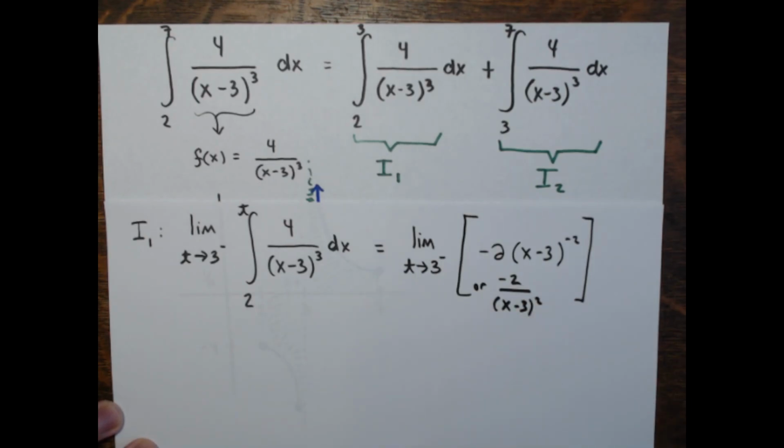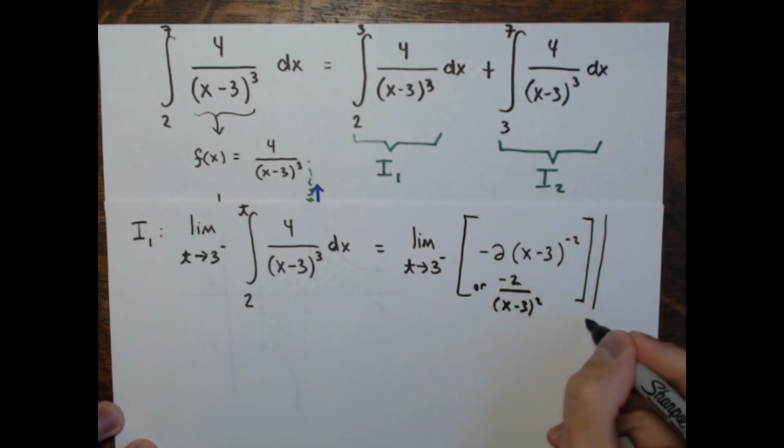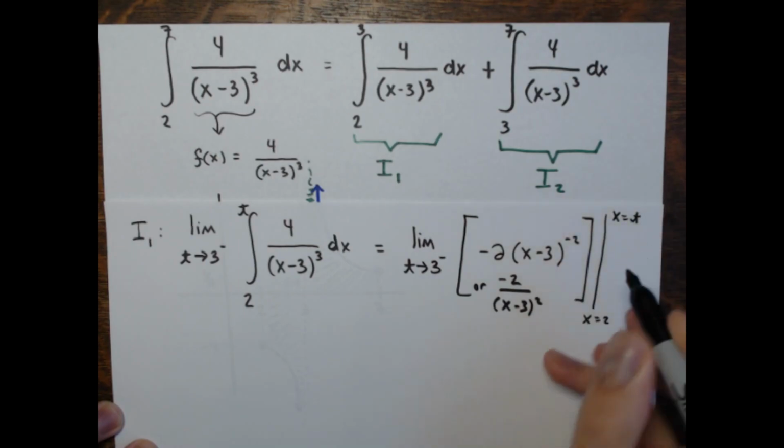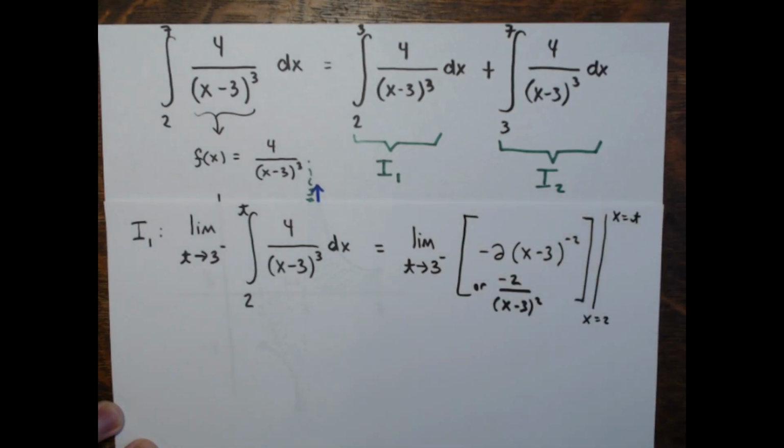That would be your antiderivative, and then we're going from x equals 2 to x equals t, and having t approach 3 from the left.